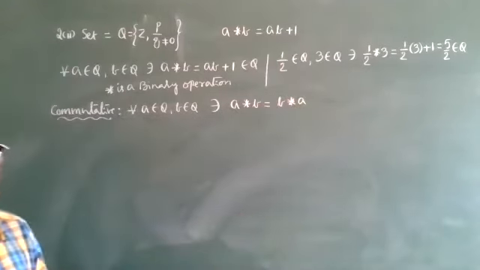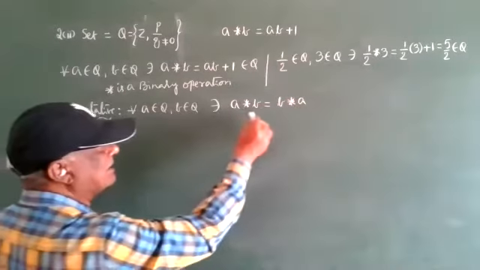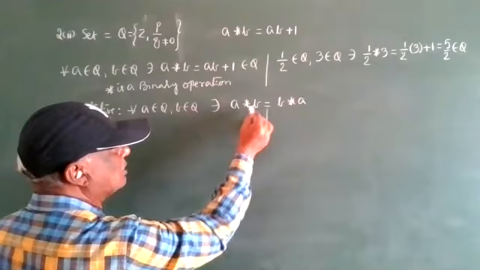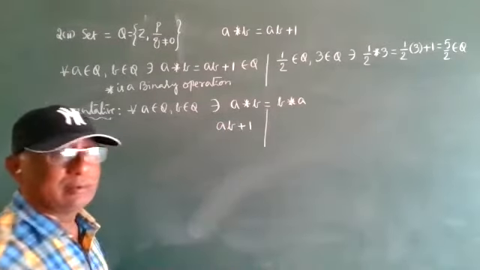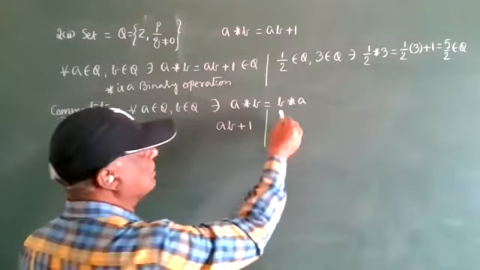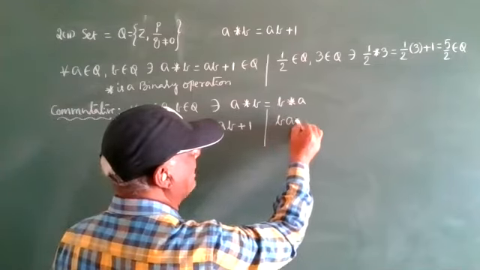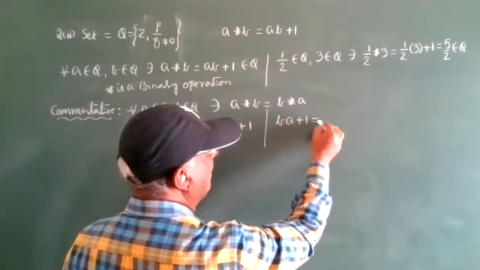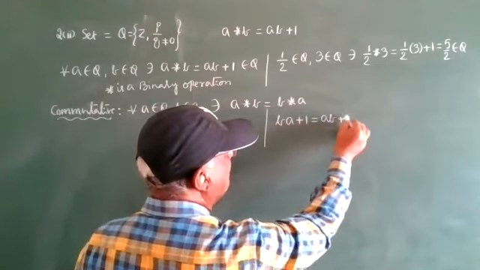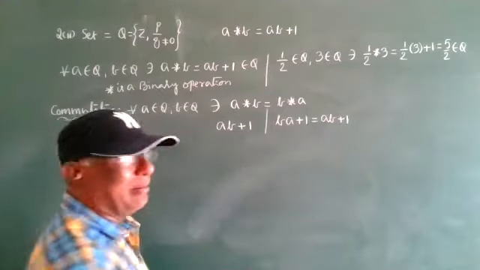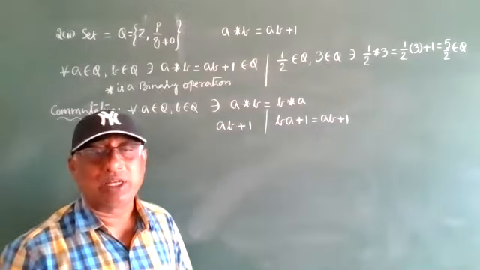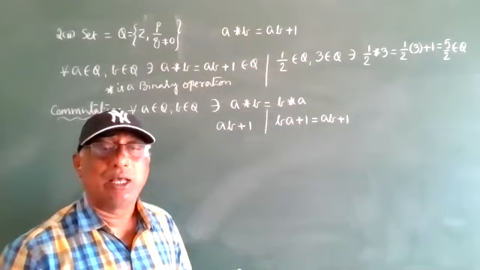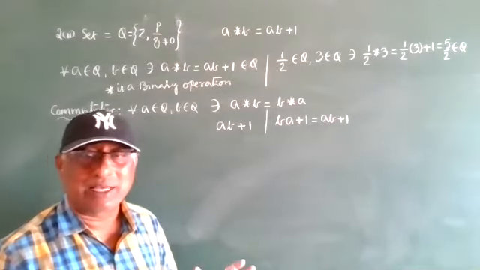Now see, left hand side is the product of these two added with 1: AB plus 1. Right hand side is the product of these two added with 1: BA plus 1. BA plus 1 we can write as AB plus 1 also, because multiplication is commutative. 2 into 3 is 6, 3 into 2 also 6.